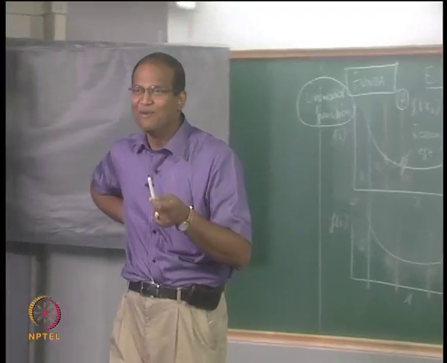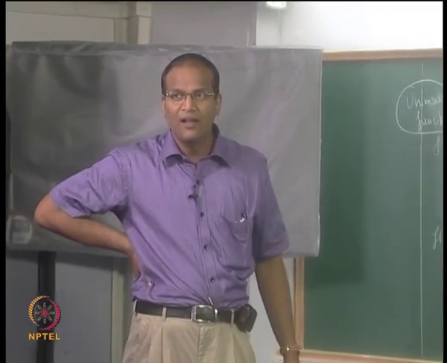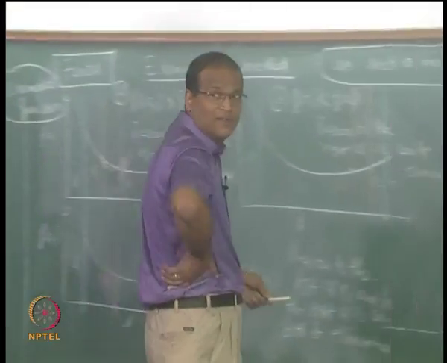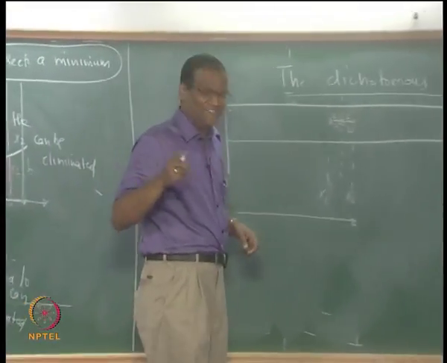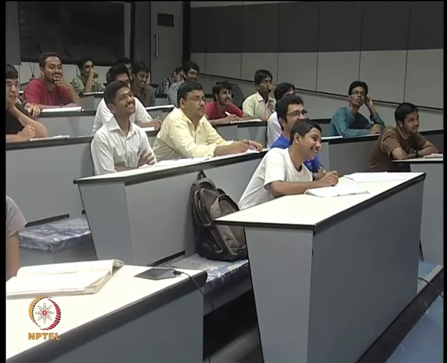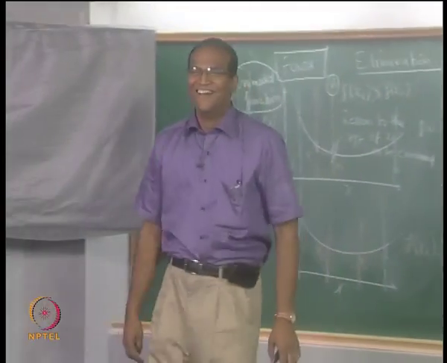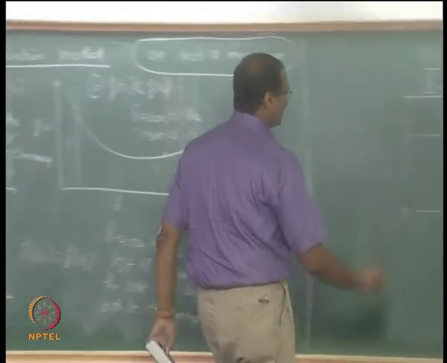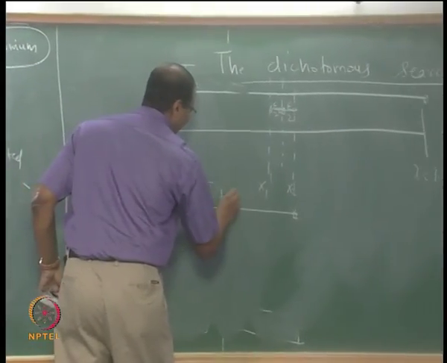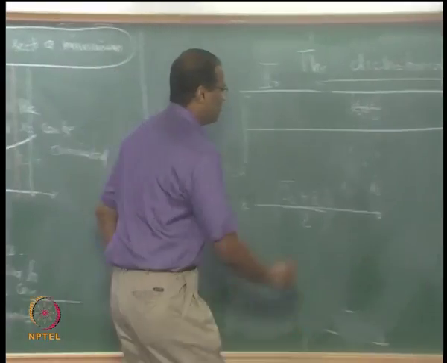I naught plus epsilon by 2. Okay. So this is I naught. This is also I naught plus epsilon by 2.